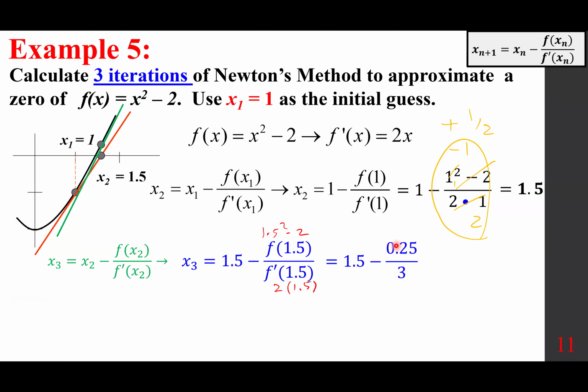So 1.5 minus 0.25 divided by 3, with a bunch of decimals, we get 1.416667. Next, x sub 4 is x sub 3 minus f of x sub 3 over f prime of x sub 3. Okay.